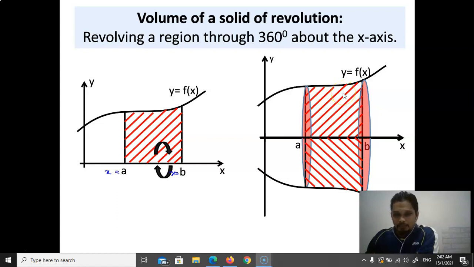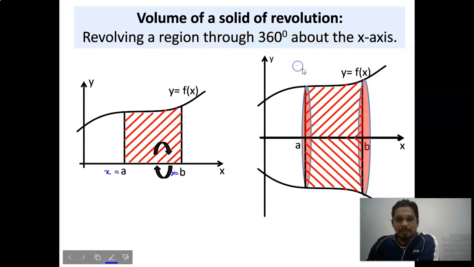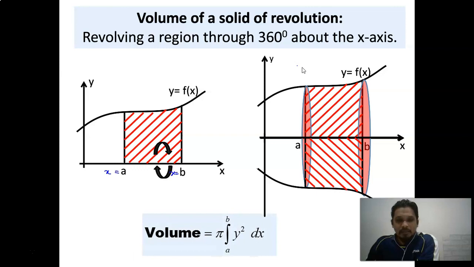When revolving a region 360 degrees about the x-axis, the formula for the volume is pi times the integral of y squared dx, where y equal to f(x).